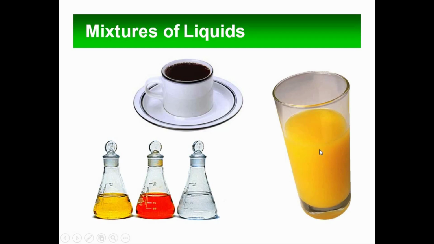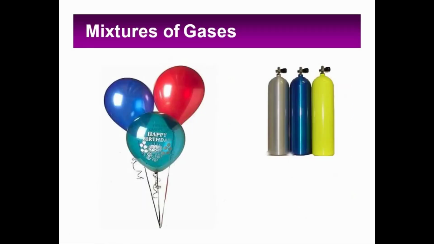And if we have a juice and water and so on, if we mix two different liquids, we have a mixture. A mixture of gases: we know that gases are different. There is oxygen gas, hydrogen gas, helium gas, and carbon dioxide gas. So a mixture of them is also a kind of mixture.